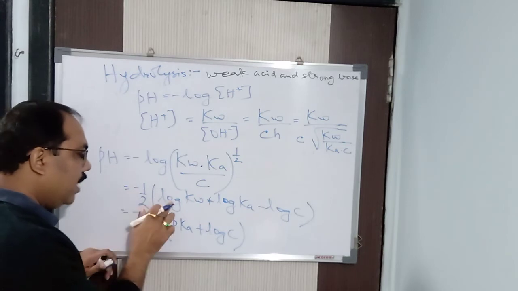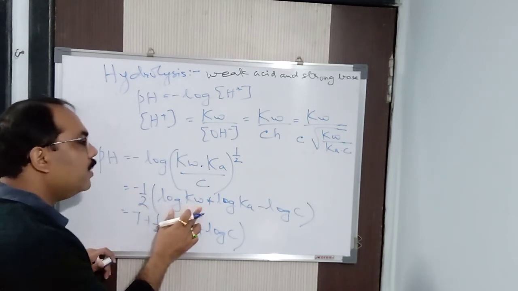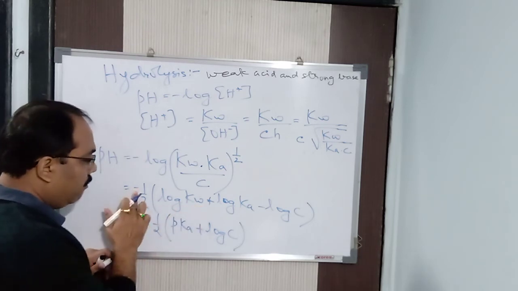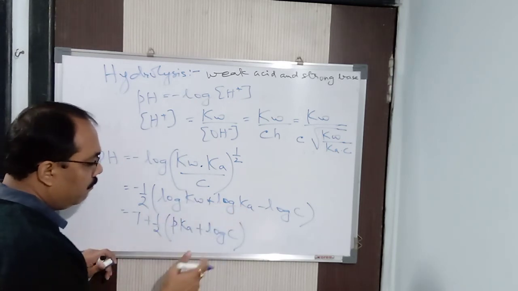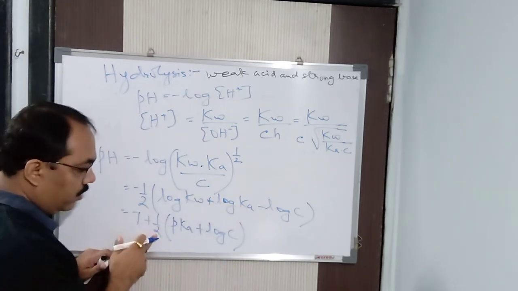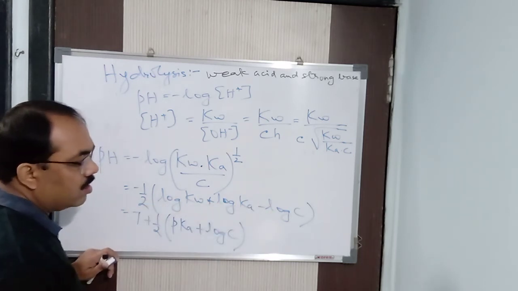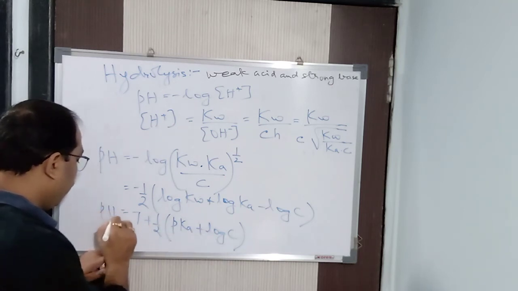See here, minus half log Kw: minus log Kw is pKw, which is 14, and 14 by 2 is 7. Now minus half log Ka is half pKa, and minus of minus half log C becomes plus half log C. Half I have taken common. So this is the final formula you got for pH.